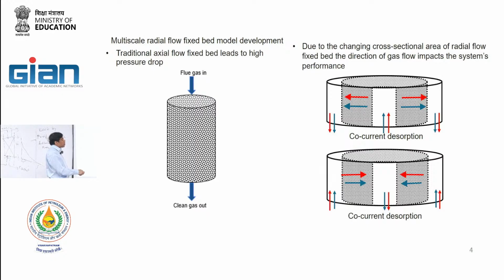So for example, if I do a co-current desorption here, that means the gas comes in here. When you desorb it, the reason it may not adsorb here is because this cross-sectional area is very small. So the gas actually speeds up through the process. It's a very high velocity.